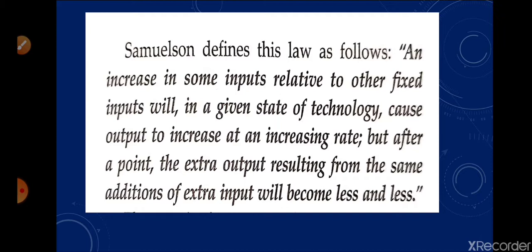If we want to increase output, we increase labor, and in the starting phase output increases at an increasing rate. But after a point, after the constant phase, it will become less and less. Why? Because of overcrowding on the machine, it is not possible to increase production, and production will start declining after reaching the constant or optimum limit.